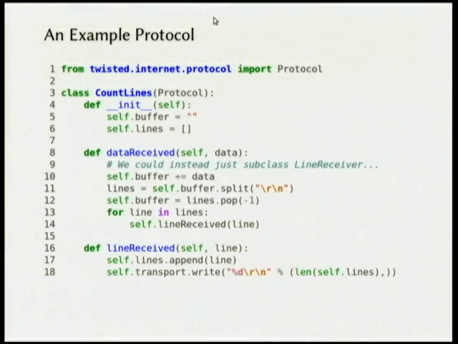What prevents you from losing that X then? You do self.buffer equals lines.pop(-1). So we keep it on self.buffer, and then the next time we get data, self.buffer will have those bytes. So even though you reset the buffer variable to lines without the last one, it magically remembers it?